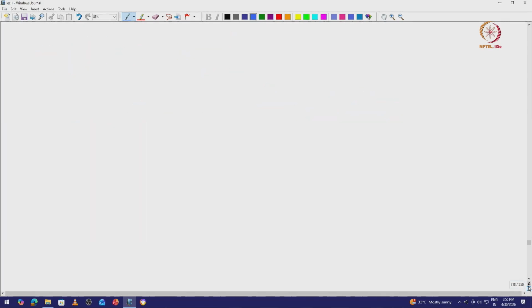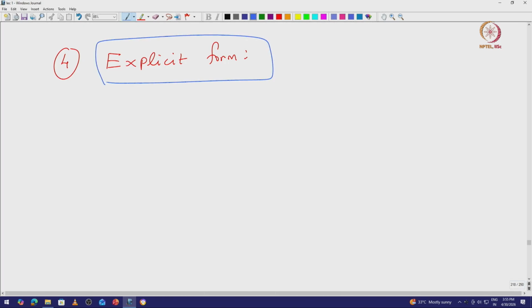Now, as a fourth statement, one can have a very explicit form of this using the binomial coefficient and the geometric series. The explicit form can be written as follows.